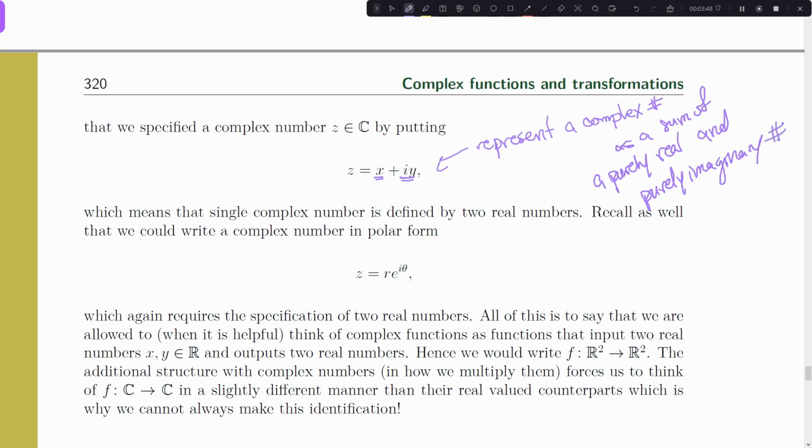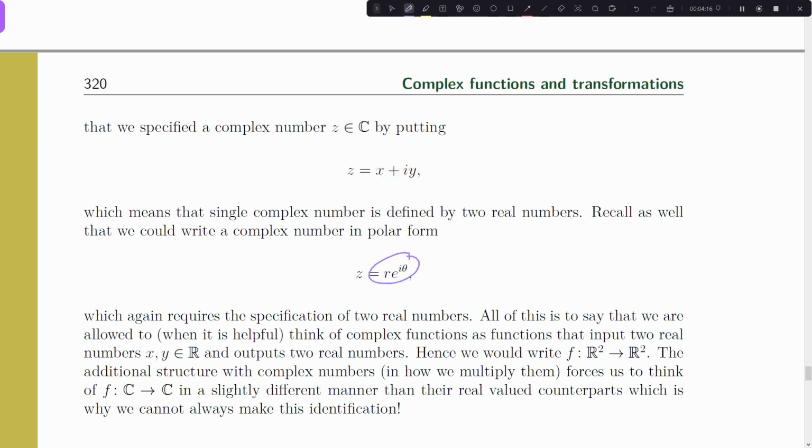In that sense, this is like thinking about it as R2 in Cartesian coordinates. You think of that as your x-axis and that as your y-axis, and then you have some point in R2. In other words, the complex number is like a vector in R2.